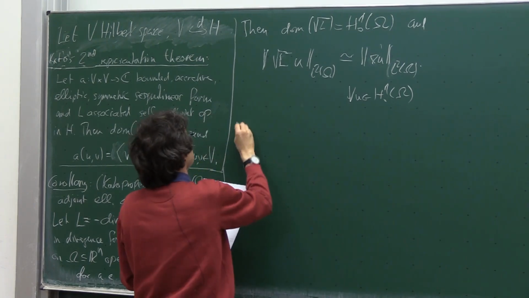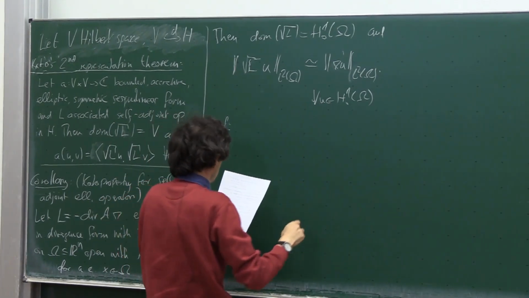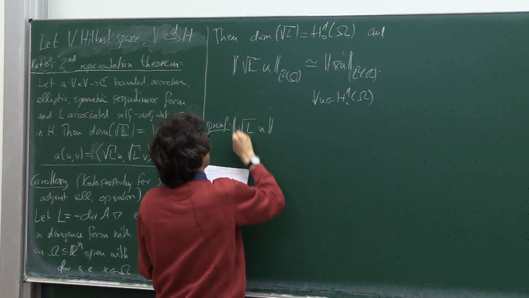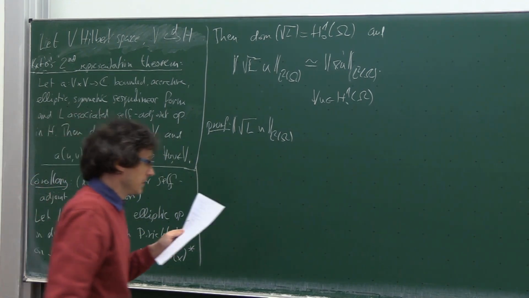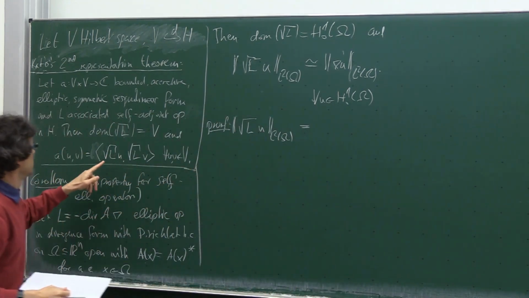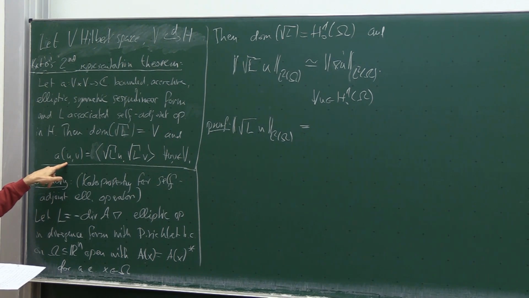Okay, so one line of proof to get this equivalence here. We have to look at the norm of square root of L applied to u in L2. Then we know by the Kato theorem that this is the same as A of u.